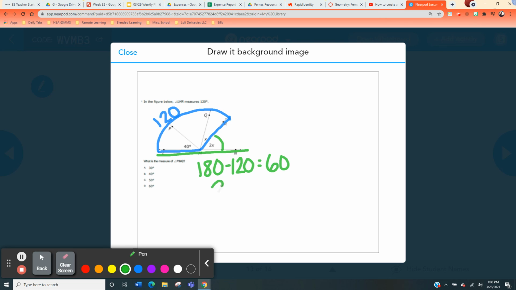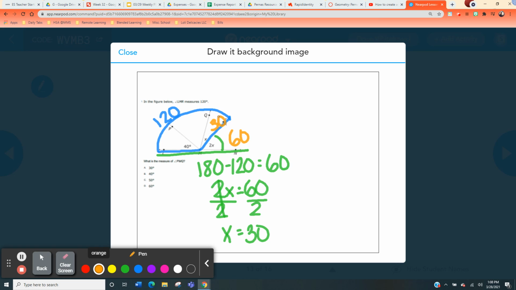So I know that 2x equals 60. From here, I'm going to figure out what x is by dividing both sides by 2. That means x equals 30. So that helps me a lot. I know that 2x is 60. I know that x is 30.